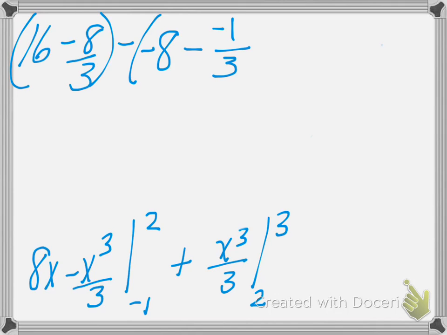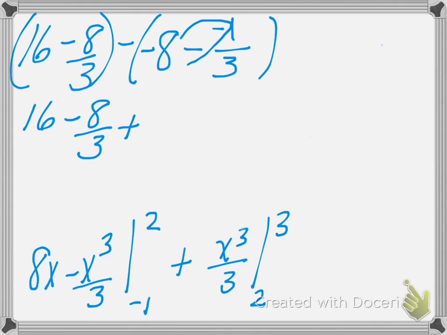I'm just going to do one part at a time. So that's the first part. We're going to get 16 minus 8 over 3. I'm going to distribute now. Plus 8. These two negatives over here become a positive.